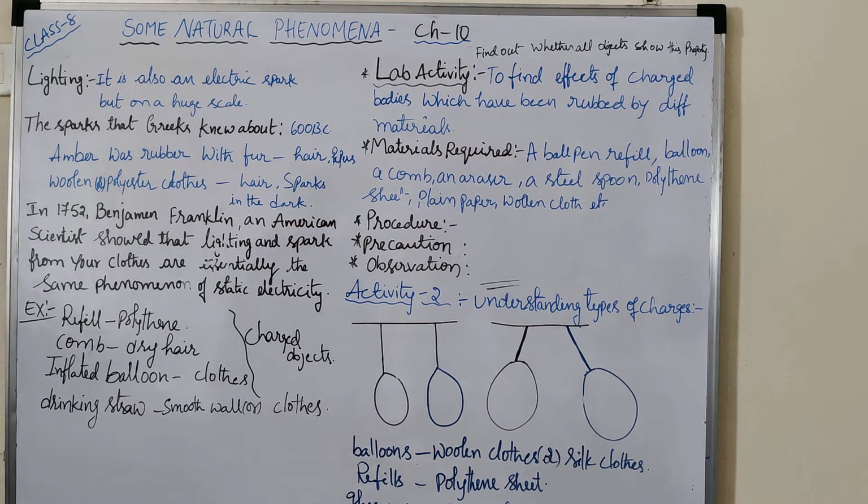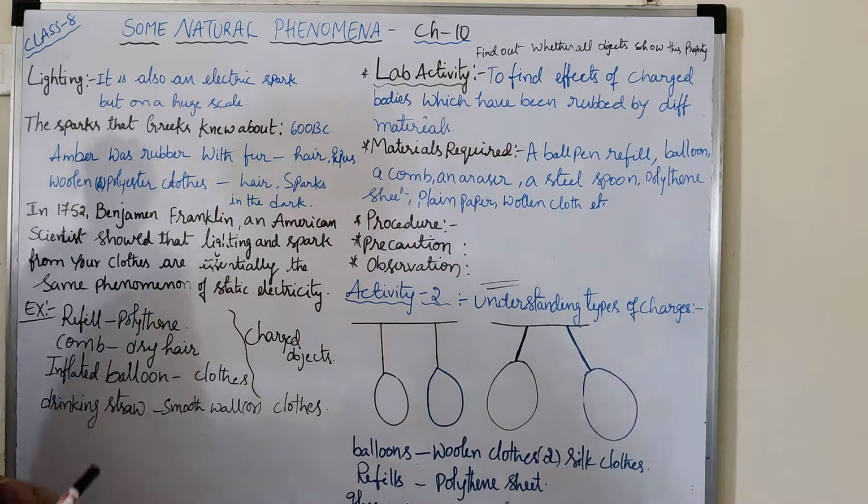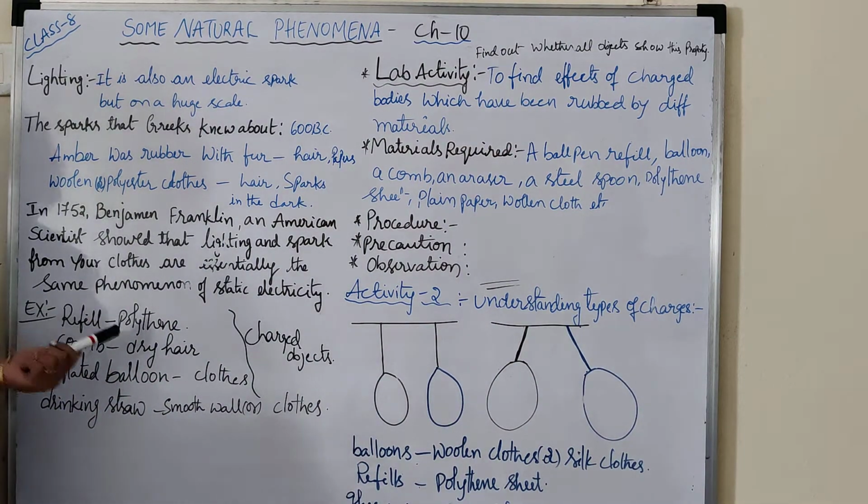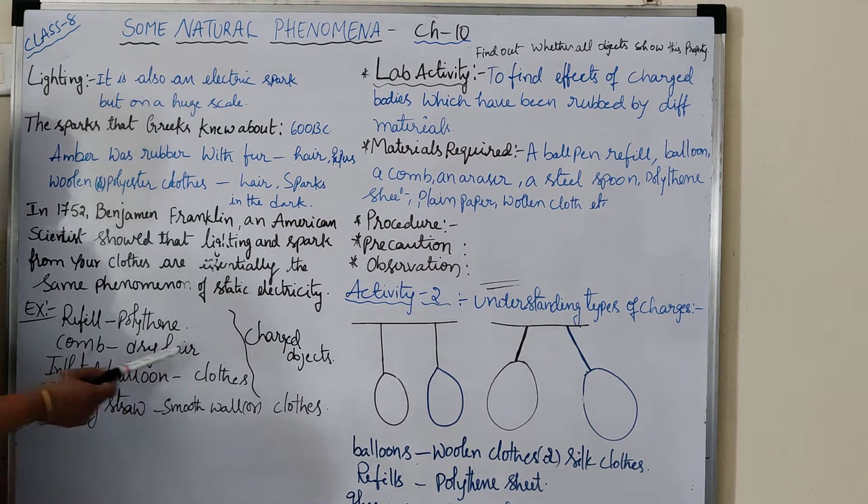See, let us find out whether all the objects show this property or not. See here in the activity 1, when you rub the refill with the polythene sheet, refill acquires a charge. Like a comb with the dry hair, it acquires charge. Balloon, when it is rubbed with the cloth, it acquires charge.